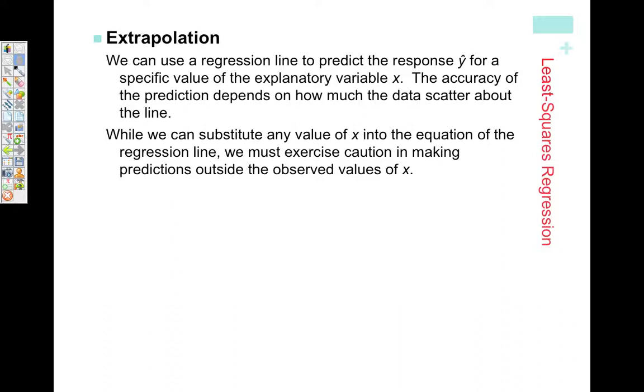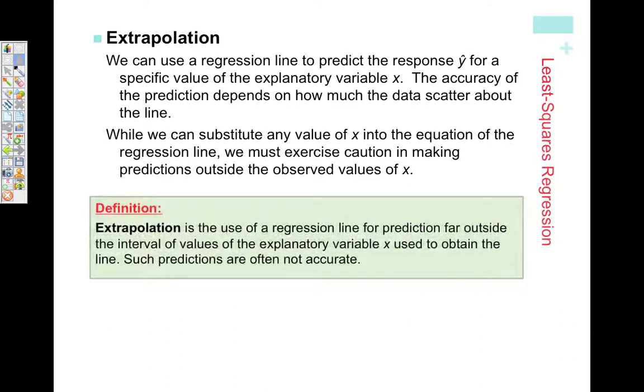For data values close to our data points, we can substitute values of x. We can substitute any value of x that we want, really, but when we go outside the observed values of x, that's called extrapolation. And when we go too far outside of what we observed, we observed values of x from -200 to 800.